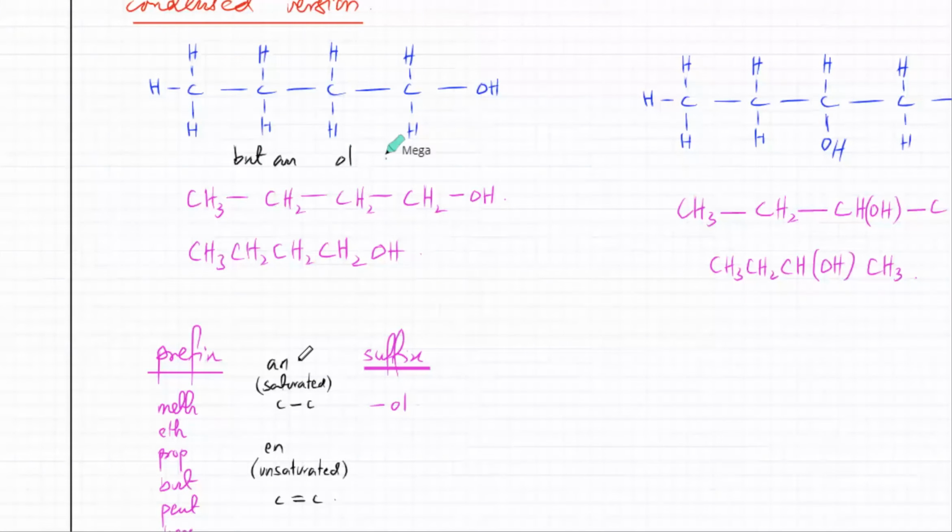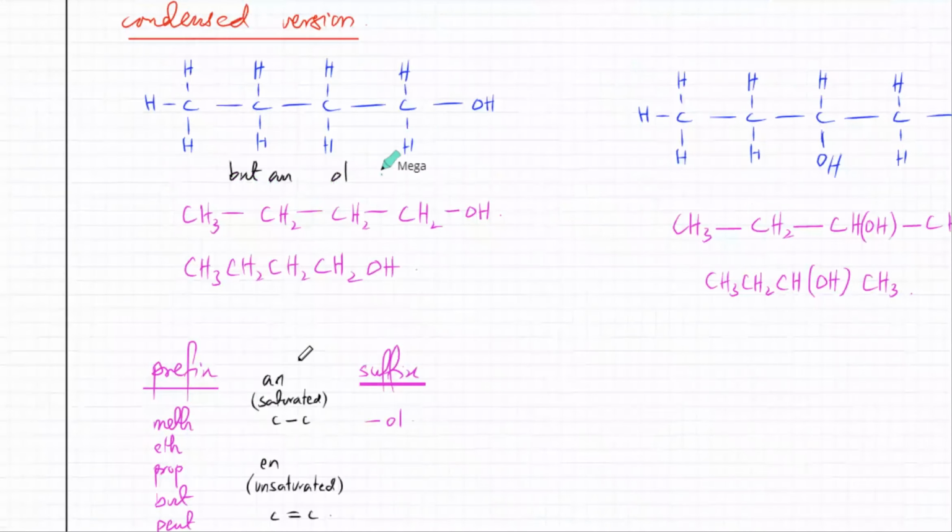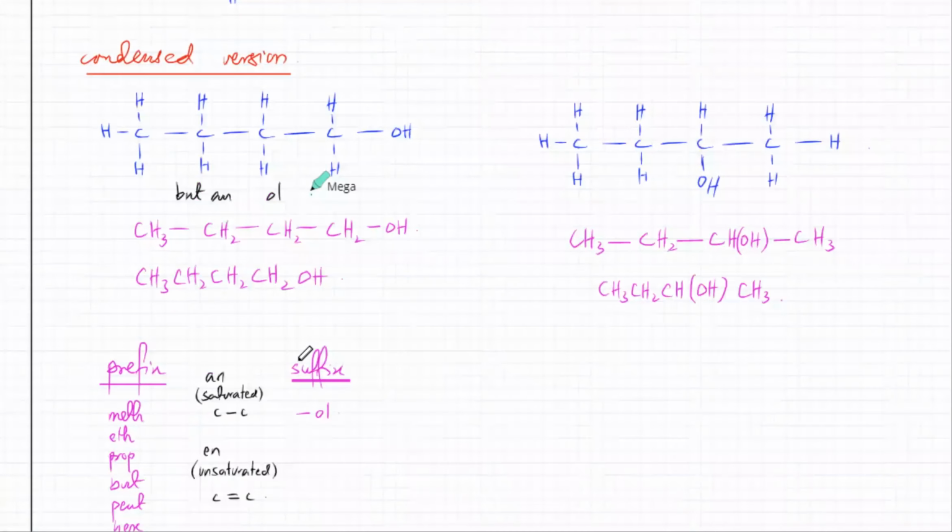And then there's an additional thing, especially with the suffix. Both of these are butanols. This one is also a butanol. It's 4 carbon atoms, so that's but. The suffix is ol, so that one is also an alcohol. This one over here is but, it's saturated so it's AN, and it's also an alcohol, so it's butanol.